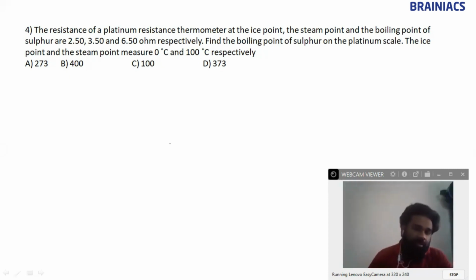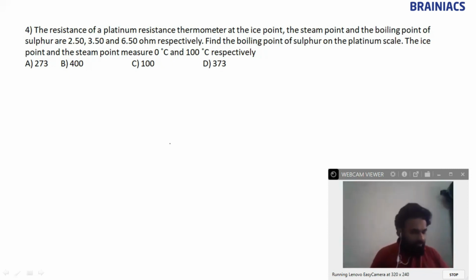But the steam point, since we don't discuss that much, what is its technical difference? We need not know for solving this question. What we need to know is the general thermometer equation, so that if we carefully substitute the values, the one which we do not know, we will be able to find.